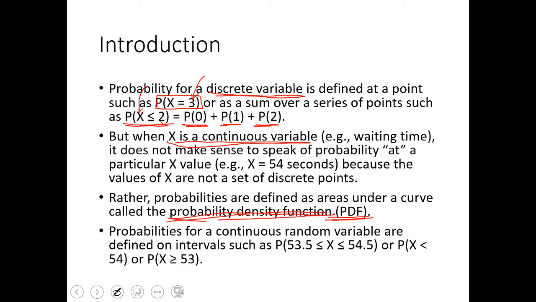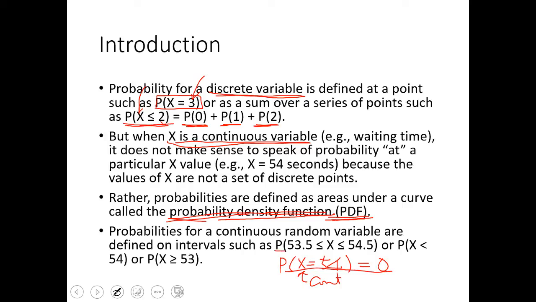So we cannot say the probability that x is exactly 54 has a value. Mathematically, this probability is 0. If x is a continuous random variable, then this probability is 0.